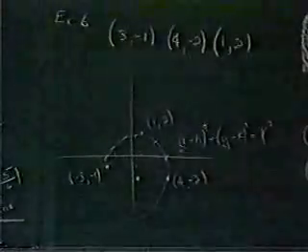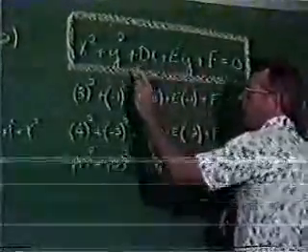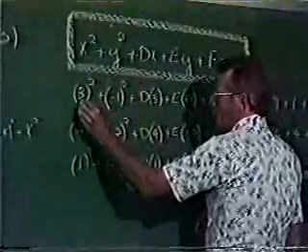So, looking at the equation, that's the x and that's the y. So we will plug in. For the point (3, -1), we will plug in 3 everywhere x is, and we will plug in minus 1 everywhere the y is.